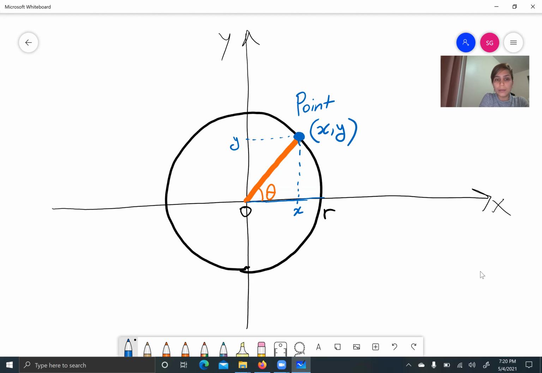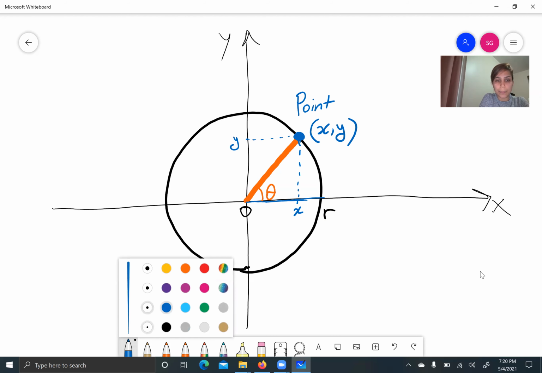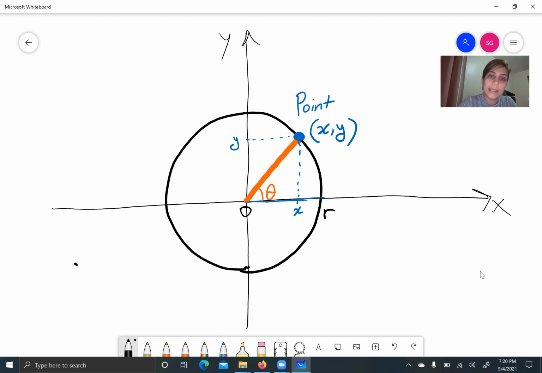So now look at this triangle that we already created. Here we have a right triangle. I'm drawing a right triangle where this side is just the x value of this point, and this side is the y value.